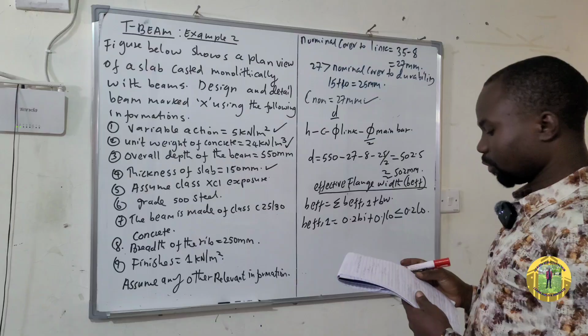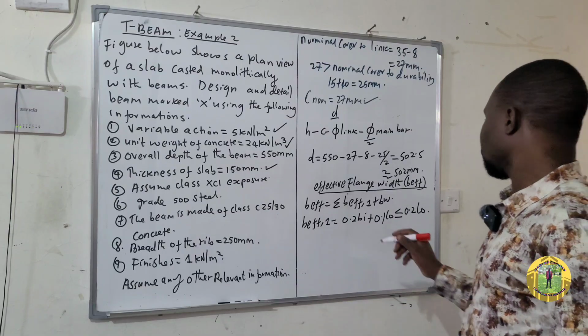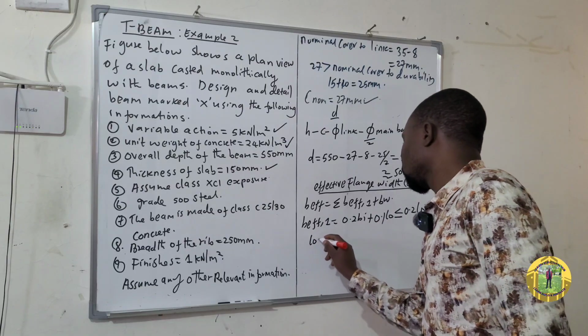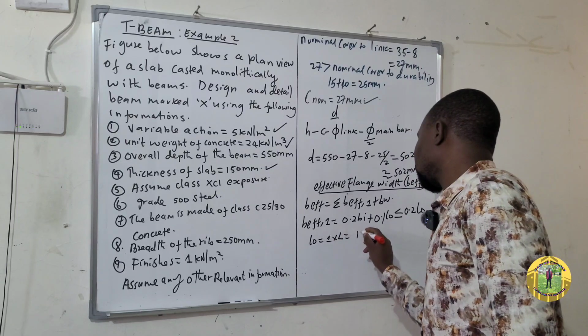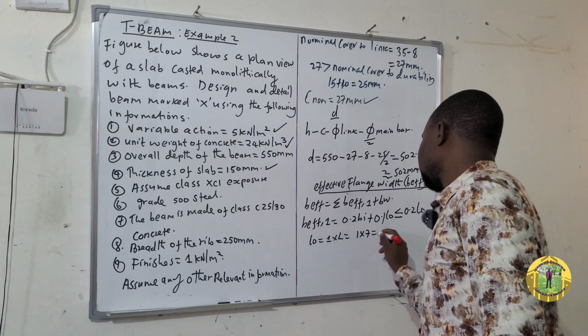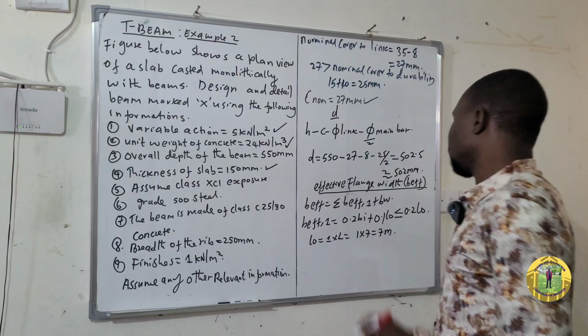So this is the formula, whereby L0 is 1 times length. So this one is equal to 1 times 7, which is equal to 7 meters.